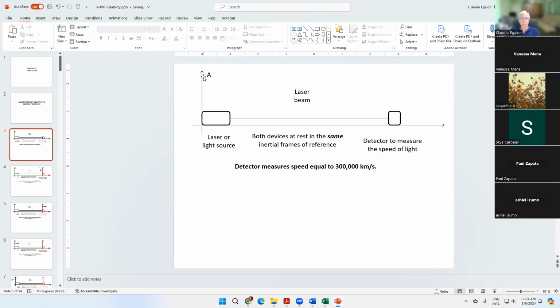And here I'm representing referential A. This referential A is at rest with respect to us. Let's do it step by step.